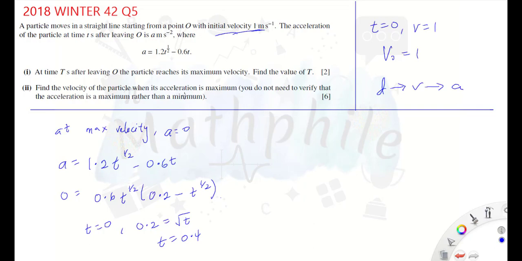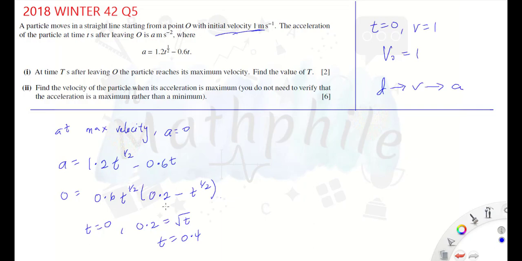Is that okay? Wait, it's not supposed to be 0.2. Oh really? What is it supposed to be then? I think it's supposed to be 2 because it's 1.2. So your answer is supposed to be 4.